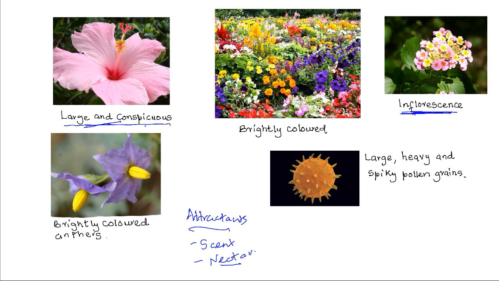The insect pollinated flowers also produce large pollen grains with spiky hairs which cling to animals' bodies. So you can see this is a large, relatively heavy and spiky pollen grain. These are the spikes on the surface that enable the pollen grains to cling to the insect's body for some time.